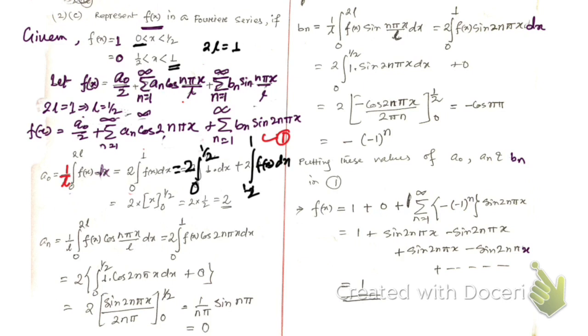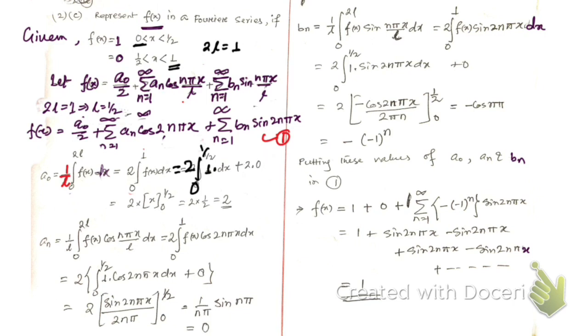But from half to 1, when x is between half and 1, f of x is 0. That is why this term becomes 0, 2 into 0, so that means it's gonna be 0, right? So that's it.